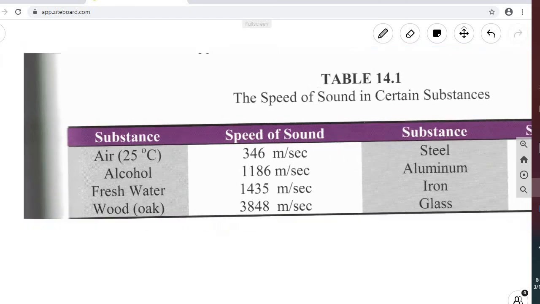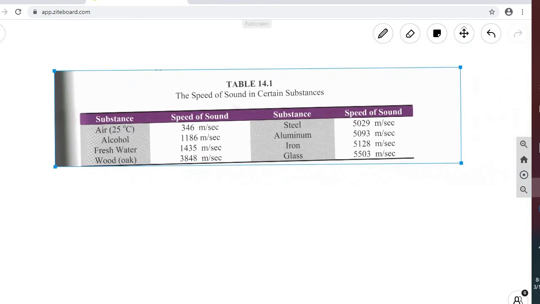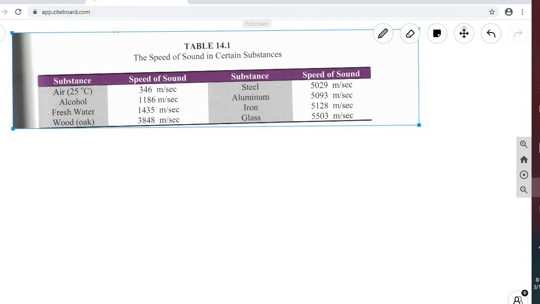Okay, this table shows us how, so we've talked about sound traveling in air, but you probably also realize that sound travels through substances other than air. Otherwise, we wouldn't hear sound.